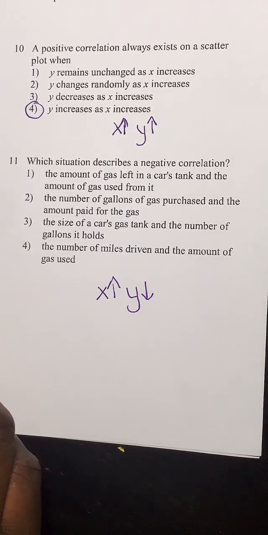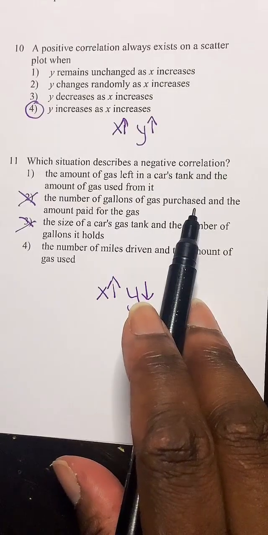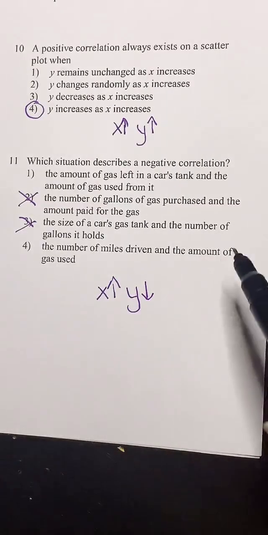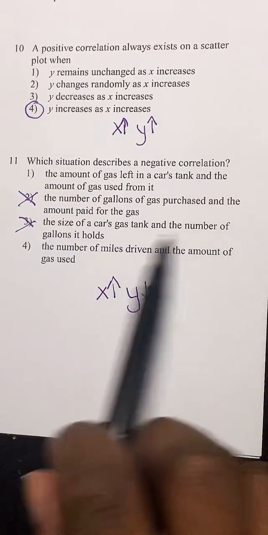I want to say 1. Because the number of miles driven, so that's increasing. And the amount, this is a good one. Hold on. So we all agree that it's not 2 and 3. Because the number of gallons of gas purchased and the amount paid for the gas, and the size of the tank, so the bigger the tank, the number of gallons it holds.